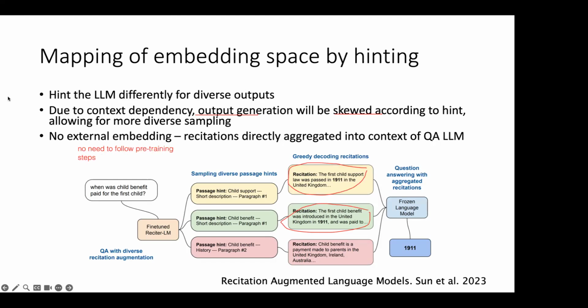But the idea that I want to bring across is that we use hints to skew model output, and use the diverse outputs to answer questions. So again, what does this do? It maps the question embedding into a similar abstraction space as this.